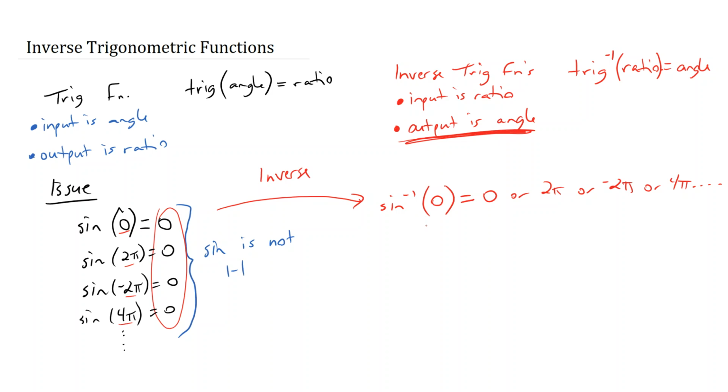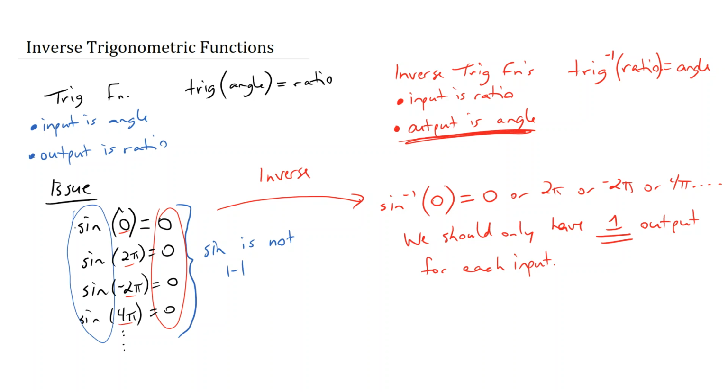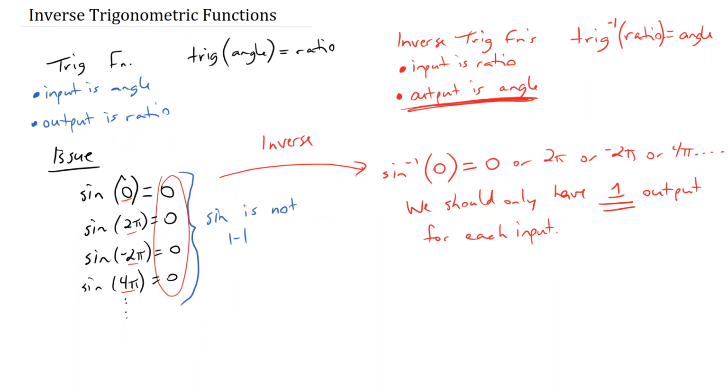For sine inverse to be a function, we should only have one output for each input. So we have some work to do to force that to happen. There's no particular reason I picked on the sine function. You could have chosen any trig function and inverse it, and you'll see the same thing because of coterminal angles.